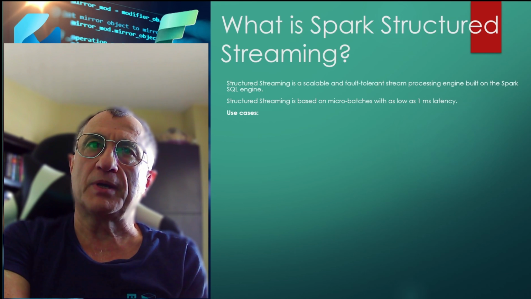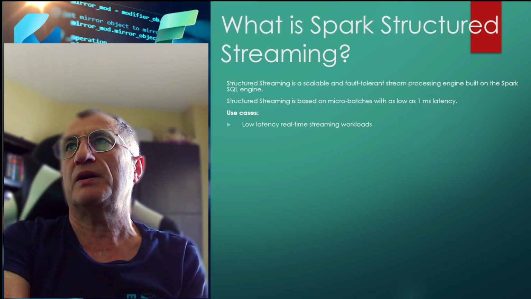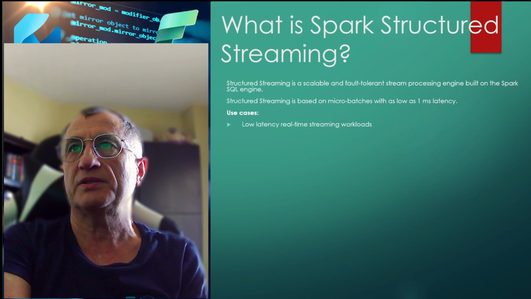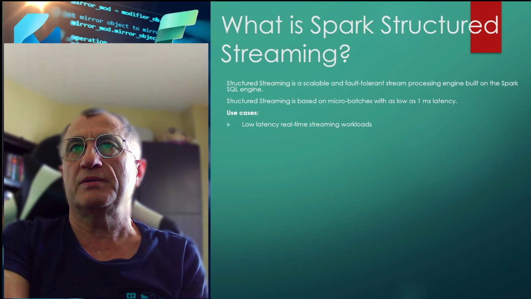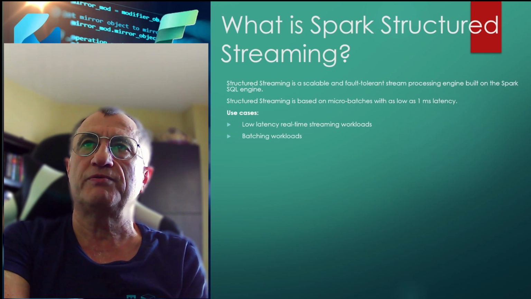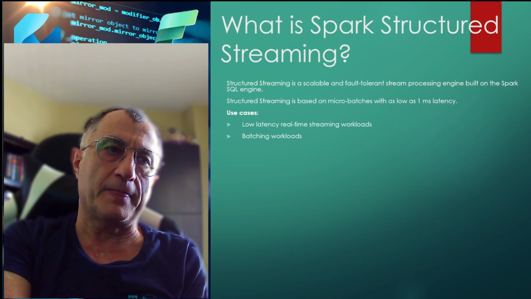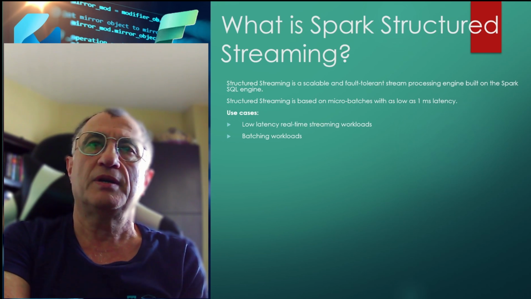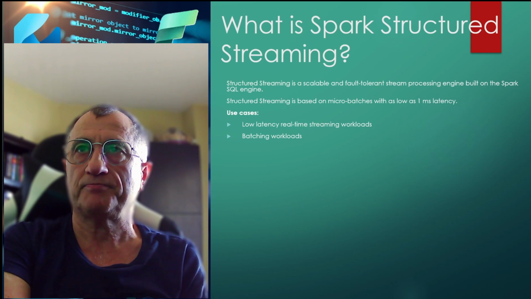So as you can imagine, the main use case of structured streaming is building low latency real-time pipelines, workloads. But this technology is also good for batching workloads due to some intelligent incremental logic that's built into this technology.